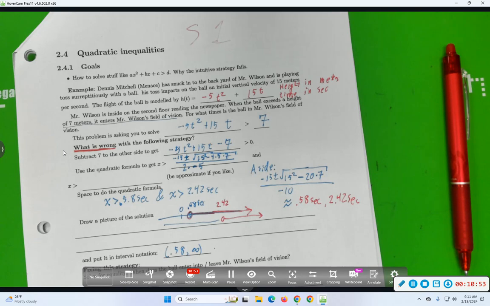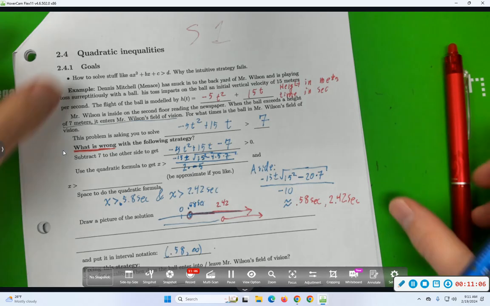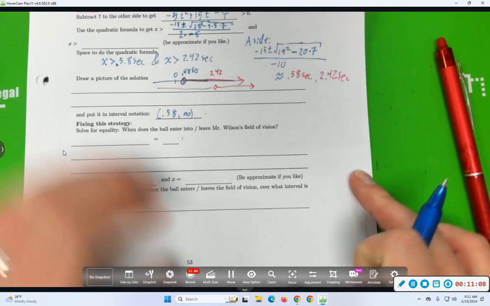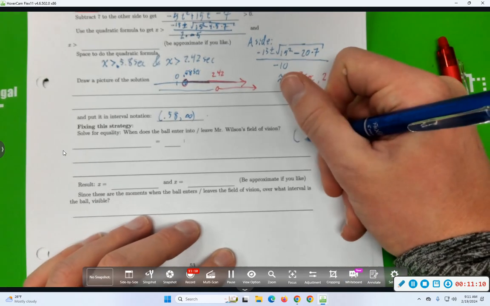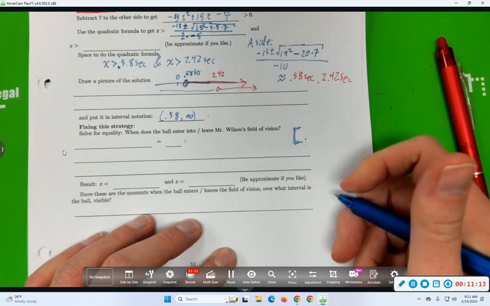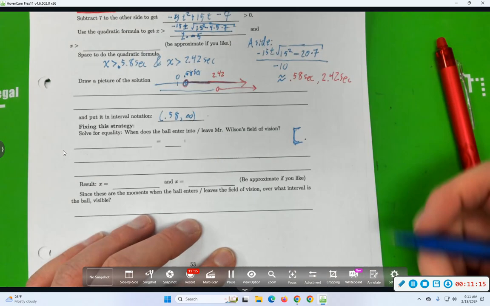So wouldn't it be that the ball would be visible when it hits 0.58 seconds and until it gets to 2.42 seconds? Yeah. So then it would be 0.58 to 2.42, inclusive. Inclusive or exclusive, there's a strict inequality there. I'm going to go with exclusive.